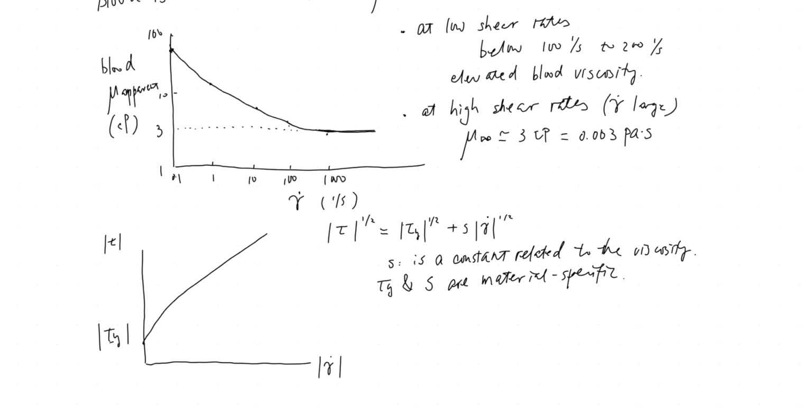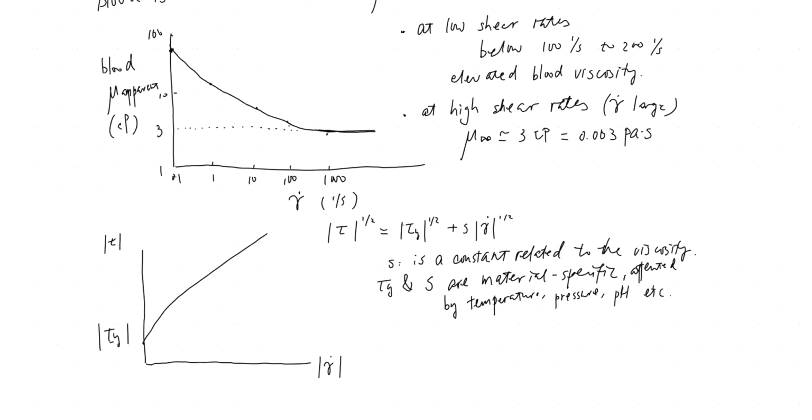So it's important to know that these are material specific and affected by temperature, concentration, pH, etc. So when you study Casson fluid, if you want to measure the constitutive relation or stress-strain relation, you need to specify at which conditions you obtain these.